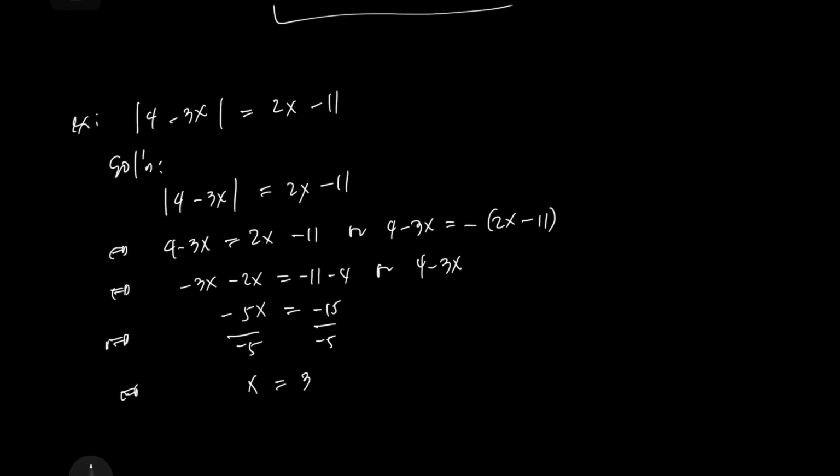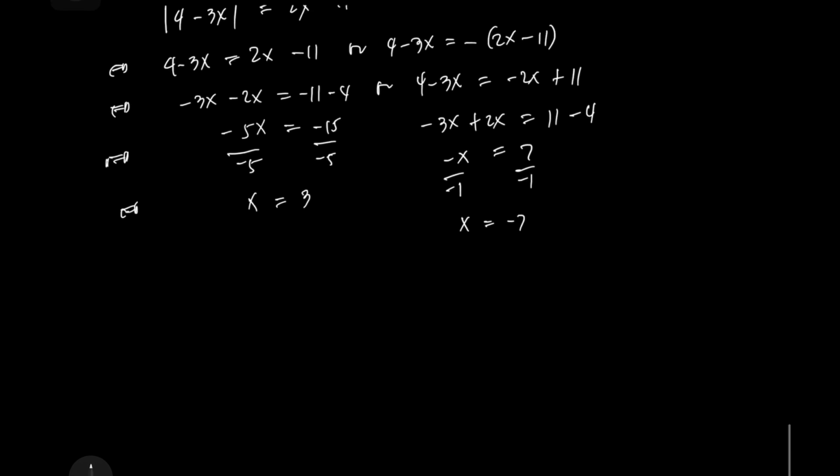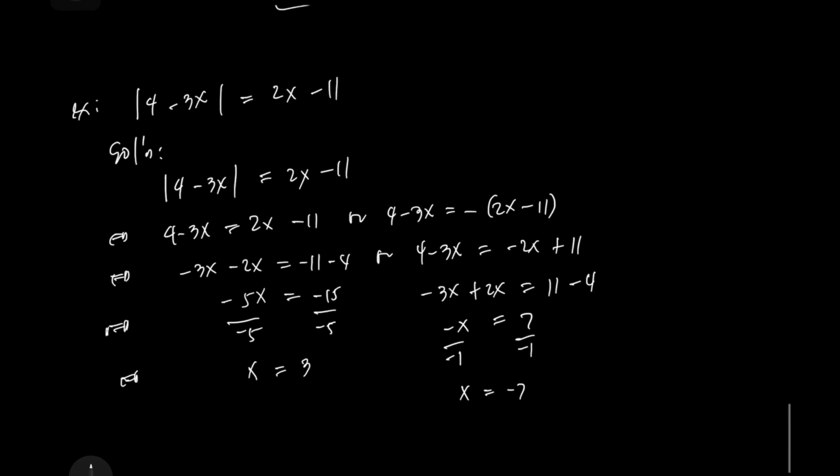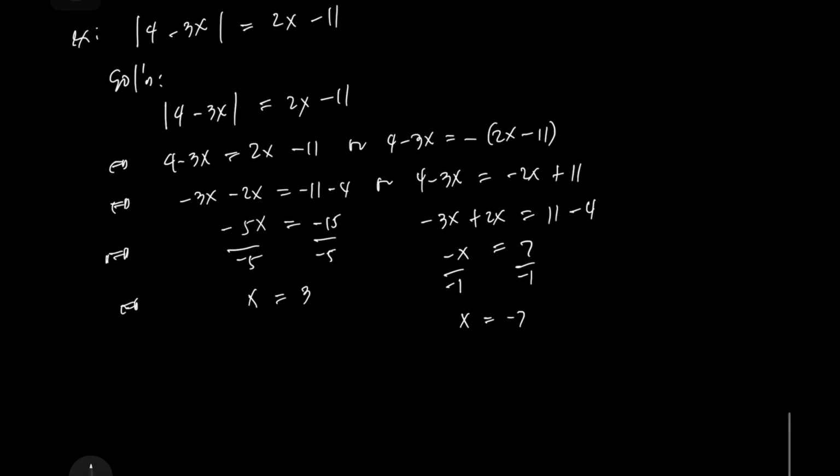Or on the other side, we have 4 minus 3x equals negative 2x plus 11, combining the variables again, plus 2x equals 11 minus 4. So that's negative x equals 11 minus 4, that's 8. No, that's 7. So negative 1, x is equal to negative 7. So substitute first to see if that is really a solution.